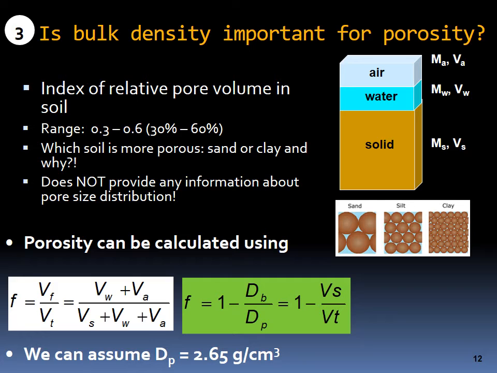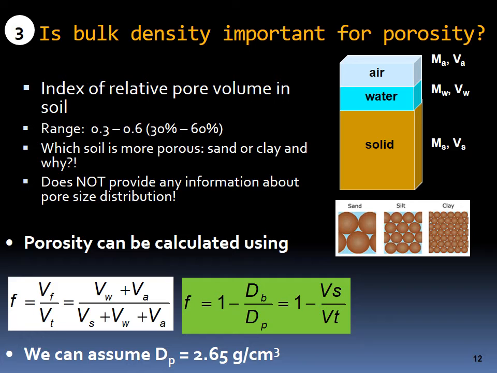Now, if you want to ask, does this information describe the arrangement or the distribution of the particles in the soil, like the previous example that we used when we said that you have compressed the soil and then you have small pore spaces between the particles?